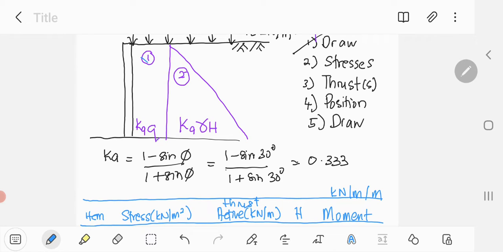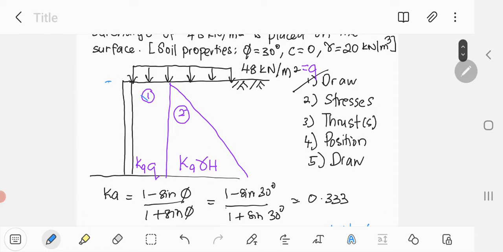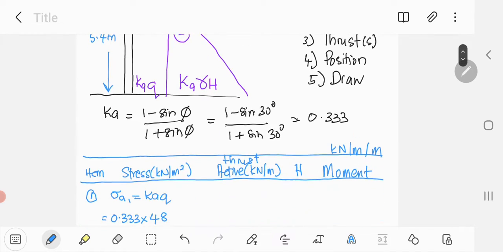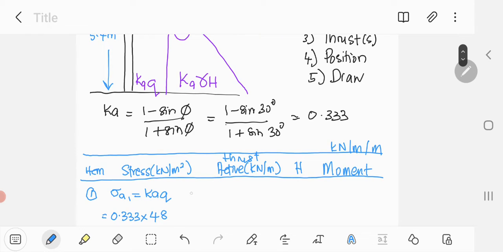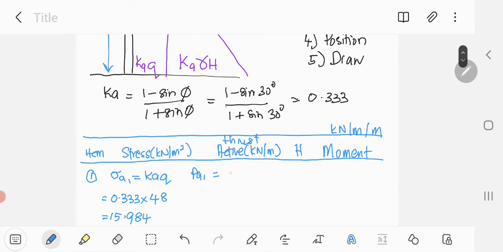So you have KaQ as the base, and then you have the height of the retaining wall, which is 5.4 meters. So for a rectangular section, base times height. So for active thrust, PA1, the base is stress A1, and then multiply by the height of your retaining wall.